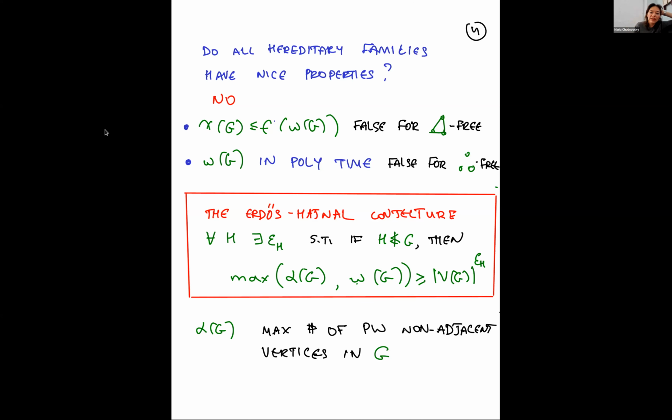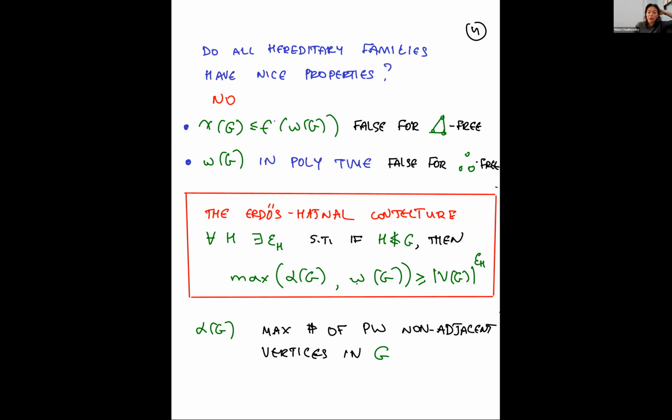The conjecture says for every graph H, there's an epsilon, depending on H, so that if I look at a graph G that does not contain H as an induced subgraph, so G is not the most general graph, then G contains a surprisingly large clique or stable set. Omega of G is the biggest clique in G, alpha of G is the biggest stable set in G. And the conjecture is that the maximum of the stable set size and clique size is polynomial in the number of vertices. It's the number of vertices to some power.